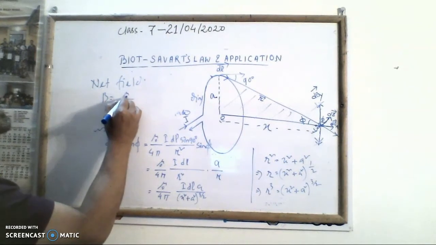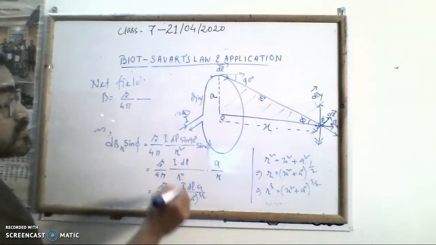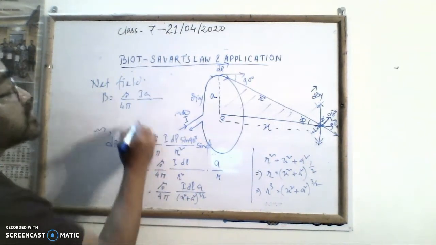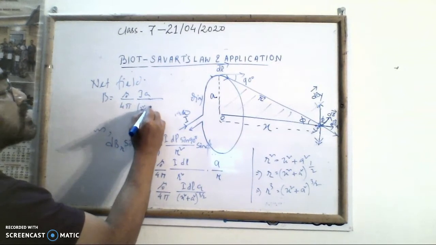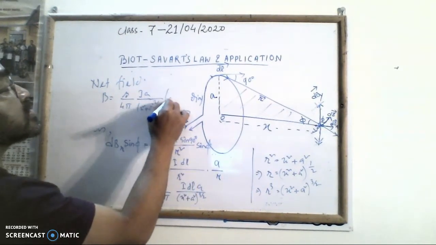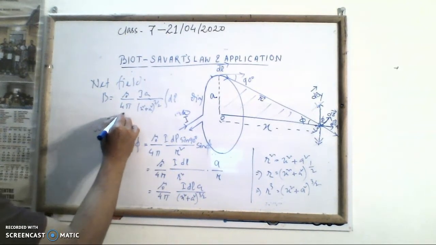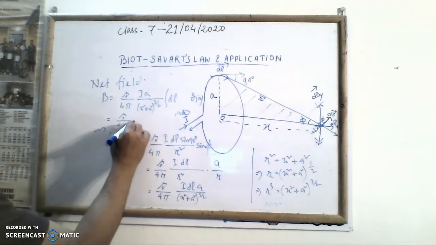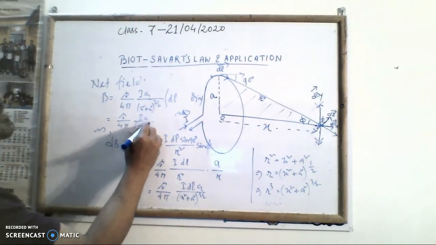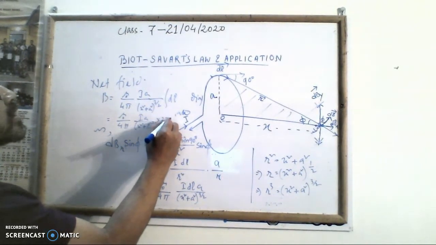For the integration, mu naught by 4 pi, you exclude the constant terms, I a, over x square plus a square to the power 3 by 2. You have to integrate dl. So the value of the integration of dl is I a by x square plus a square to the power 3 by 2, into 2 pi a.